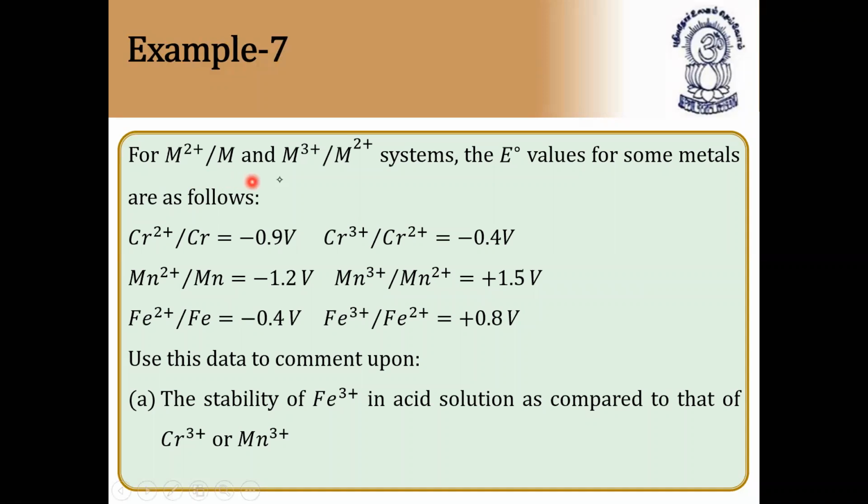For the M plus 2 to M and M plus 3 to M plus 2 systems, the E° values for some metals are as follows. This question is very, very important. Chromium plus 2 to chromium is minus 0.9, chromium plus 3 to chromium plus 2 is minus 0.4, manganese plus 2 to manganese is minus 1.2, manganese plus 3 to manganese plus 2 is plus 1.5, iron plus 2 to iron is minus 0.4, and Fe plus 3 to Fe plus 2 is 0.8.